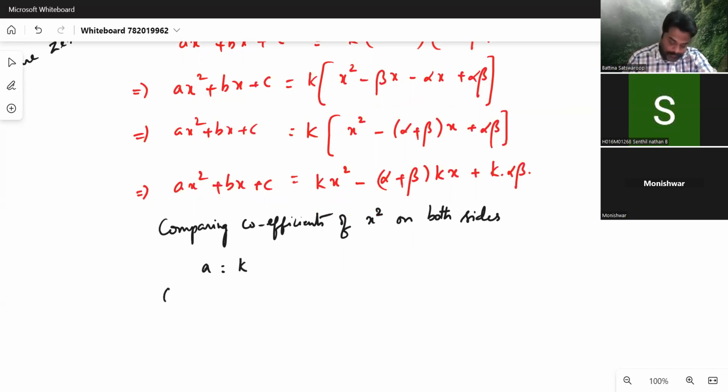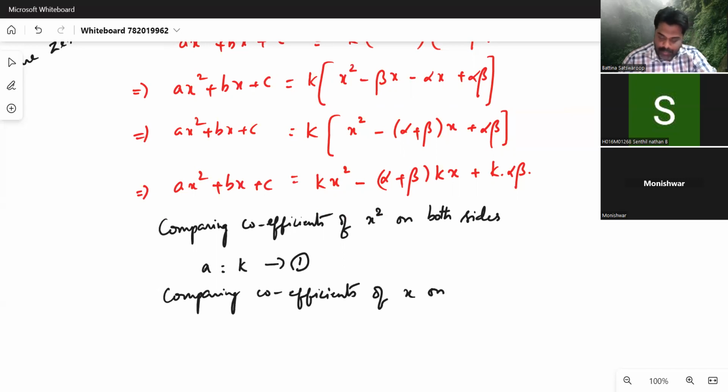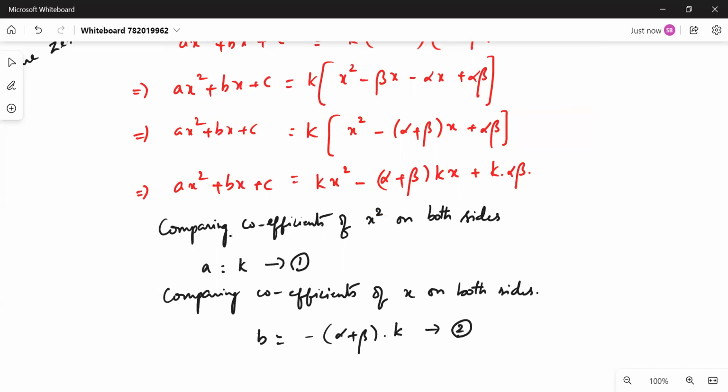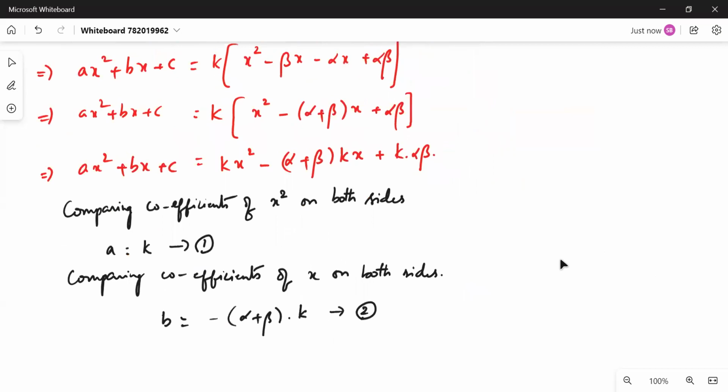Now, let us say this is observation number 1. Comparing coefficients of x on both sides, b will be equal to minus of alpha plus beta into k. Let us say this is observation number 2. Also, what I will do, I will compare constants.